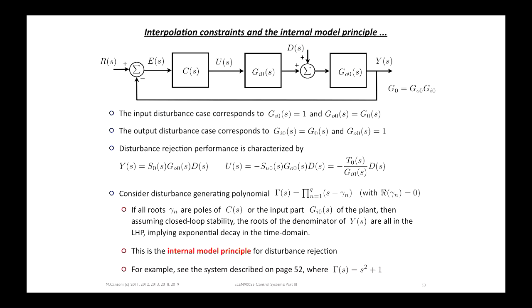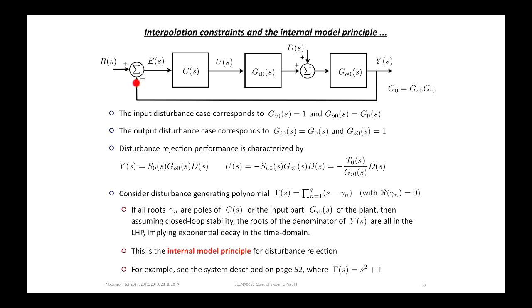Performance of this closed loop from the perspective of disturbance rejection is about how sensitive this signal is to the disturbance. So you can work out what the transfer function is from here to here. The transfer function from here to here will just be the output sensitivity function, just like the transfer function from here to here is the output sensitivity function.